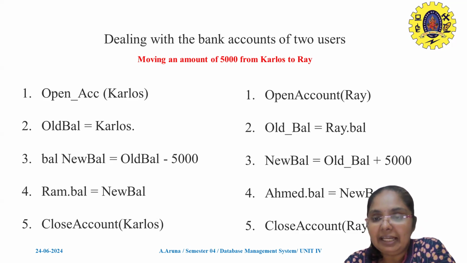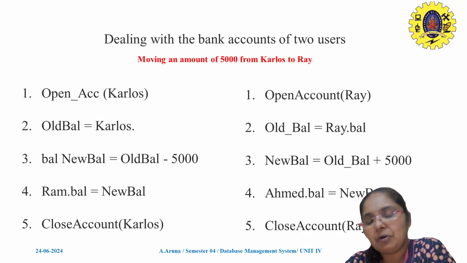Then on the receiver side, you have to open your account, check the old balance, and credit that account. We add the debited amount to the old balance. Then you calculate the new balance. Finally, you close this account.